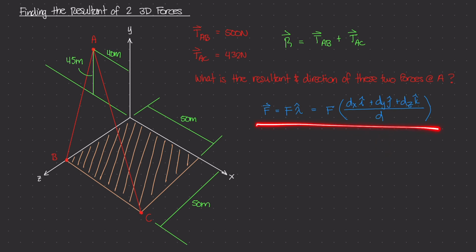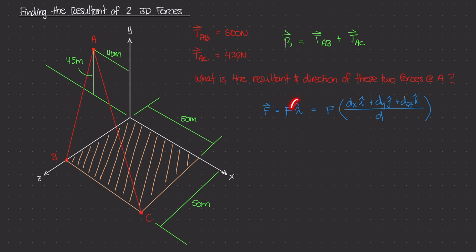So how does all of this help us? Well, if we know we can represent 3D forces like this, then what I think we should do to solve this problem, to figure out what this resultant force is, is represent both TAB and TAC in this form. In other words, we need to find the unit vector lambda for both TAB and TAC.